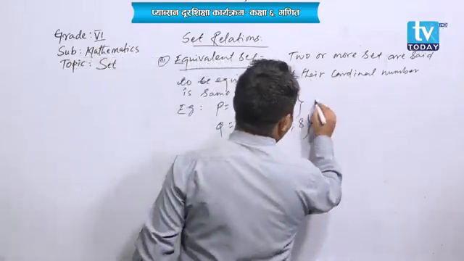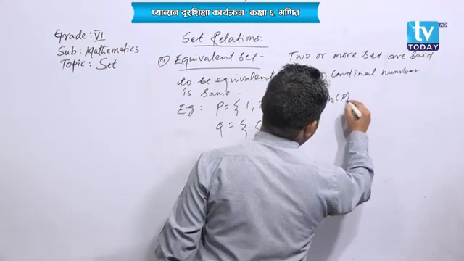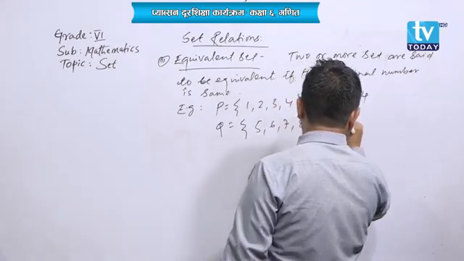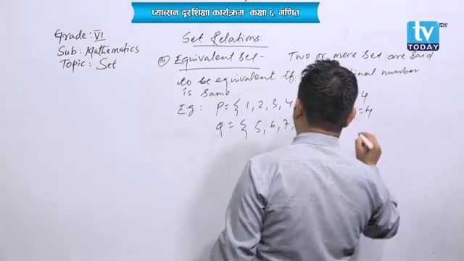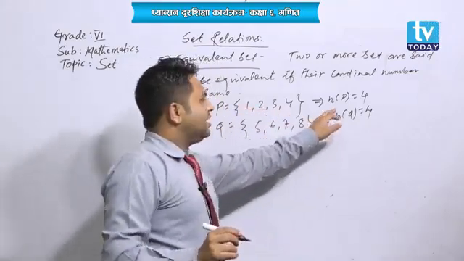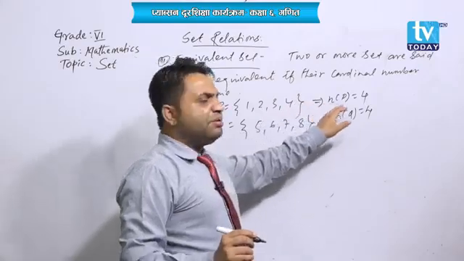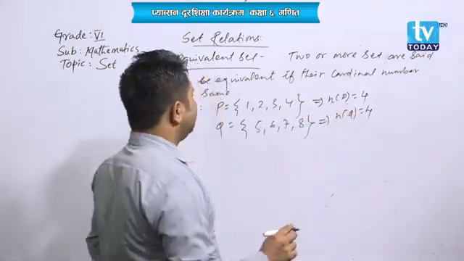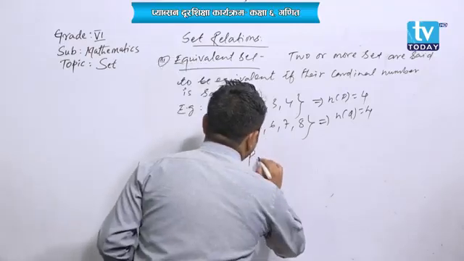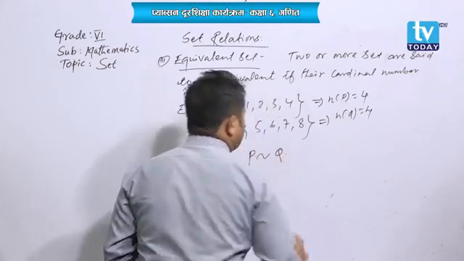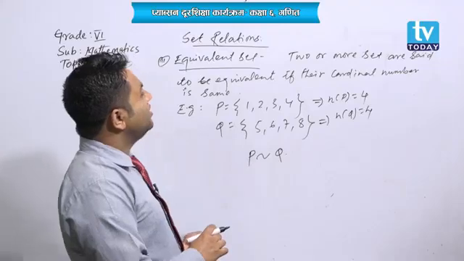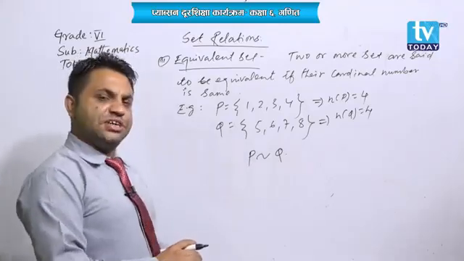Here you can check the cardinal number of set P is 4 and cardinal number of set Q is also 4. Count: 1 2 3 4, 1 2 3 4. So both sets have the same cardinal number 4. So they are called equivalent sets, and they are denoted as P is equivalent to Q.